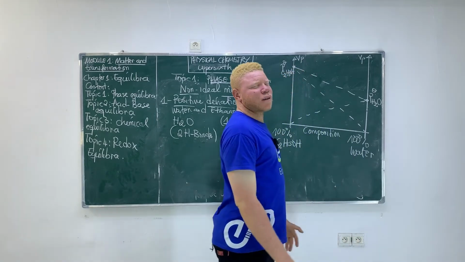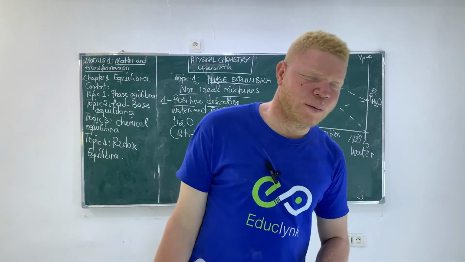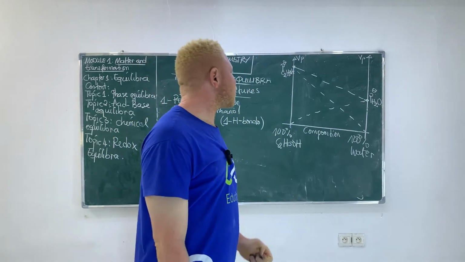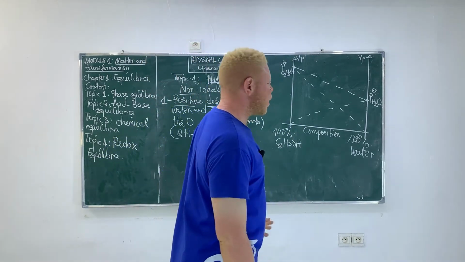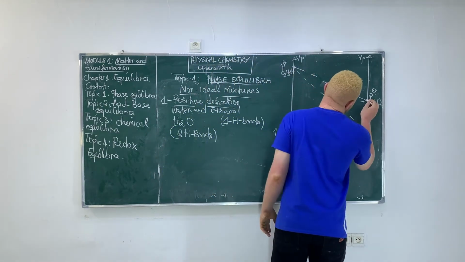But remember that this mixture deviates positively from Raoult's law. So for positive deviation, the vapor pressure is higher than that predicted by Raoult's law. So we have curves.